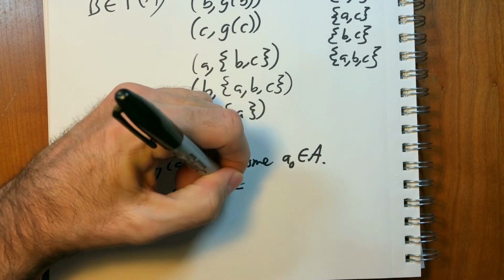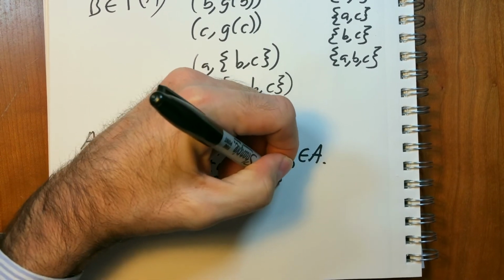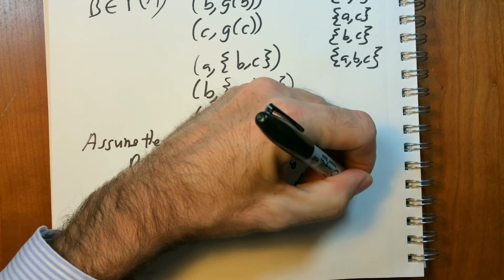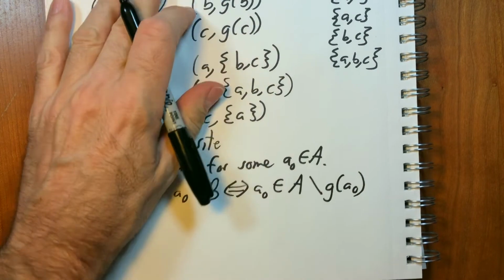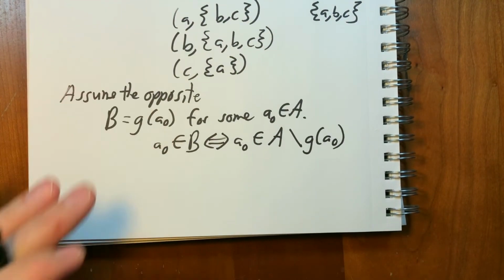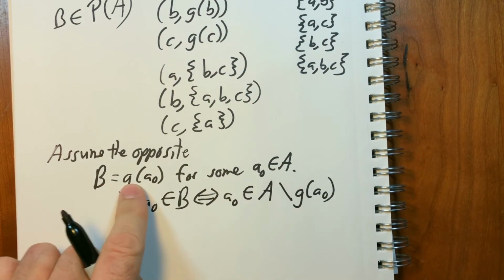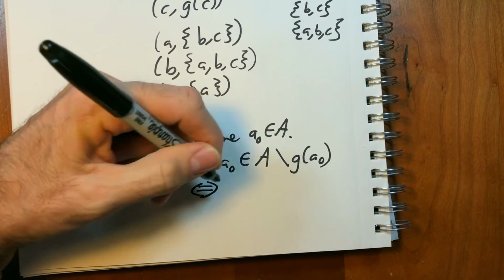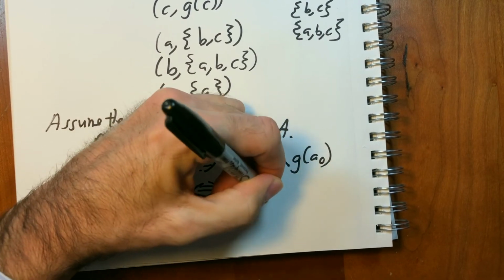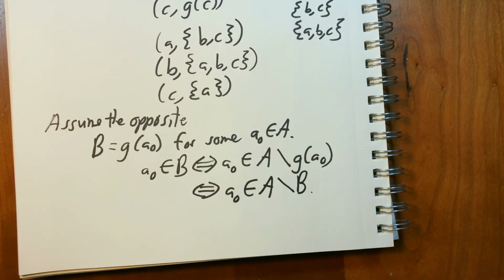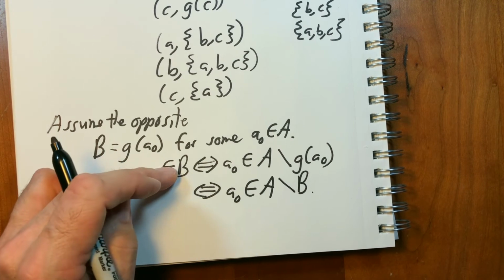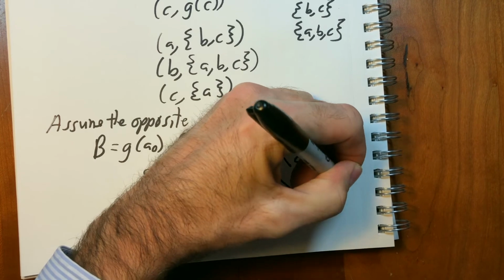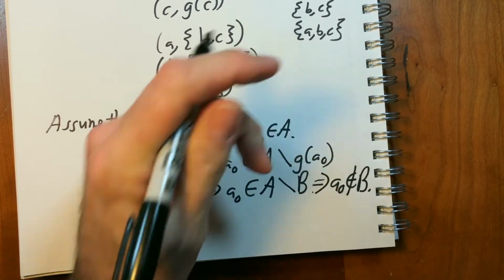If A0 is in B, that is the same as saying that A0 is an element of A minus g of A0. That's just the definition of B. And since we defined B to be g of A0, this is the same as A0 is an element of A minus B. So if A0 is in B, then A0 is in A minus B, which means that A0 is not in B, right?